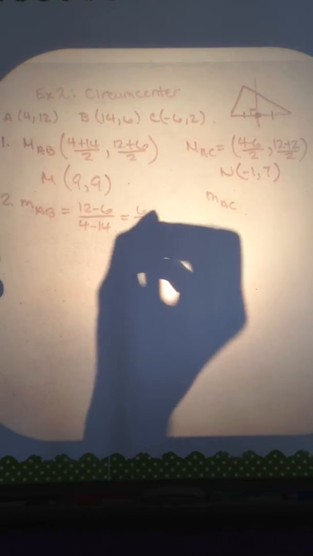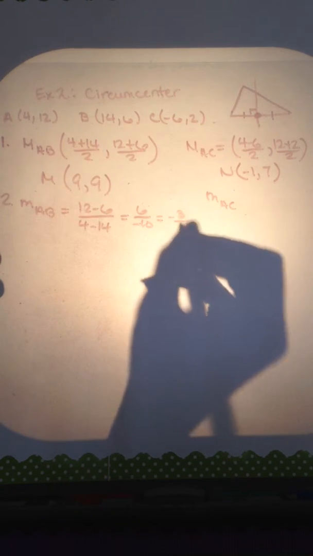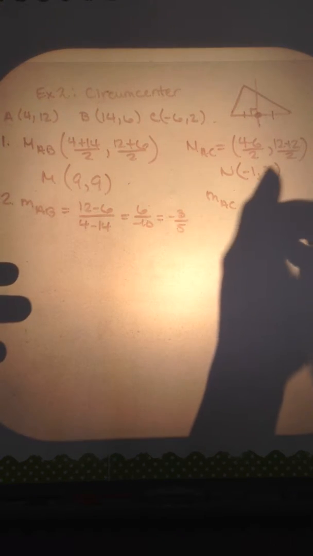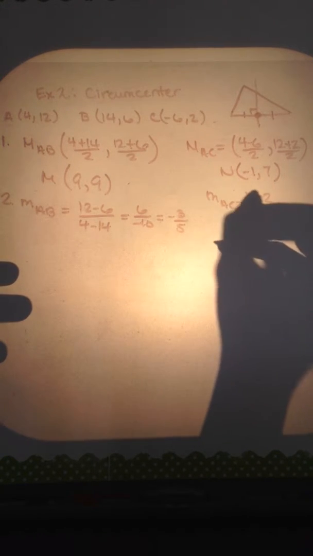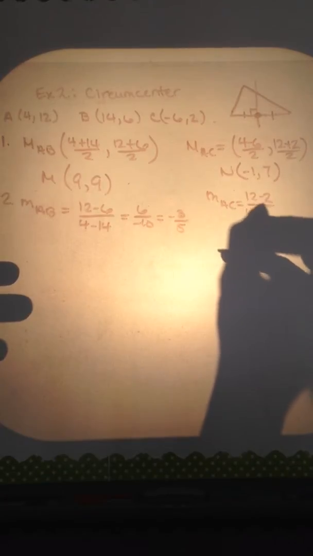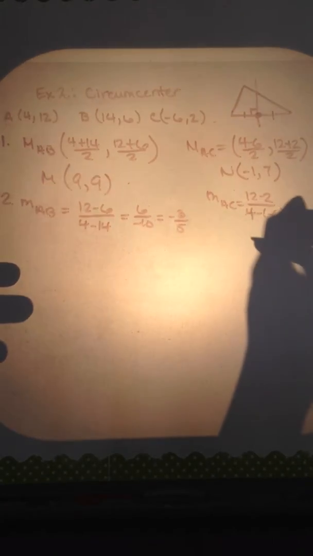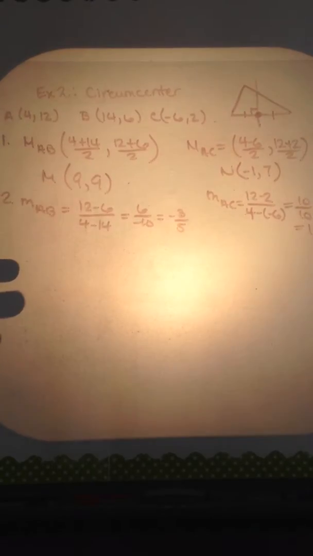This will be 6 over negative 10, which is negative 3/5. And then the slope of AC will be 12 minus 2 on the top over 4 minus negative 6 on the bottom, which is 10 over 10, the same as positive 1. So now we have step 2 completed.